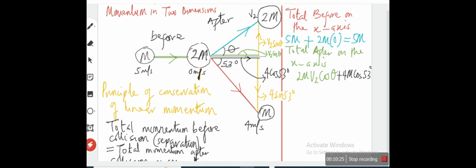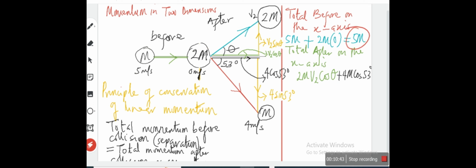We are looking at total momentum before collision on a particular axis, x-axis for instance, and total momentum after collision on that axis. Before collision, the total momentum on the x-axis is just 5m because this one is 0.